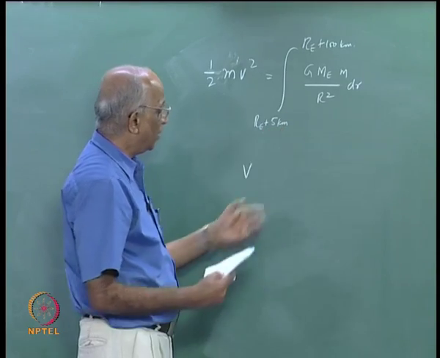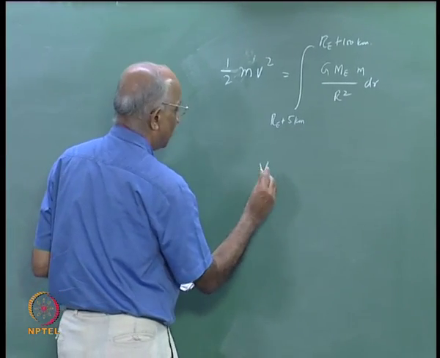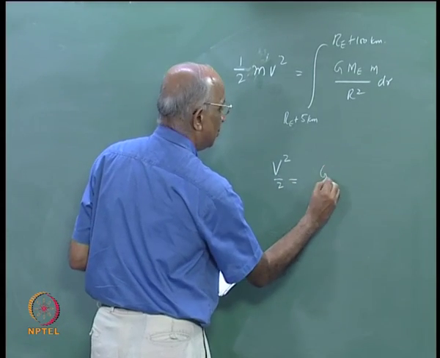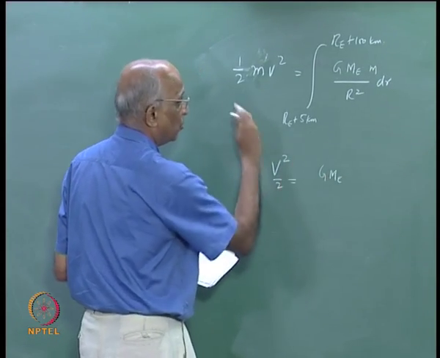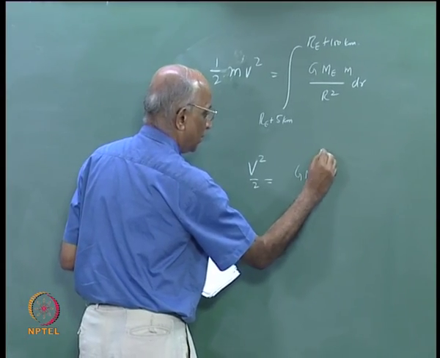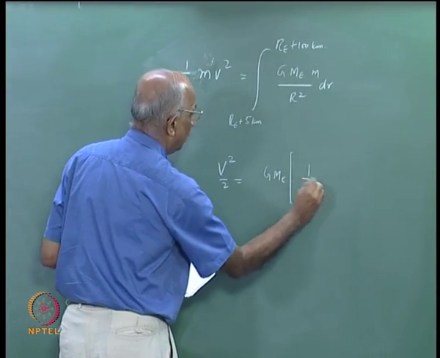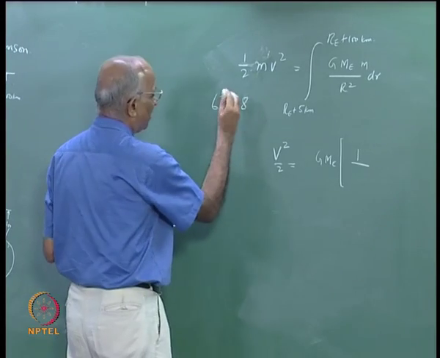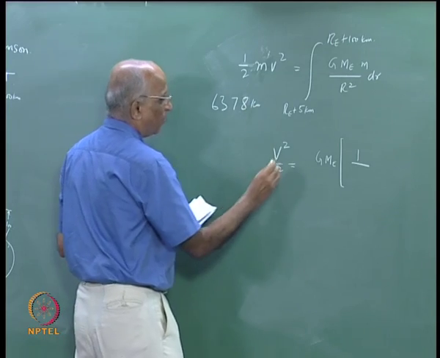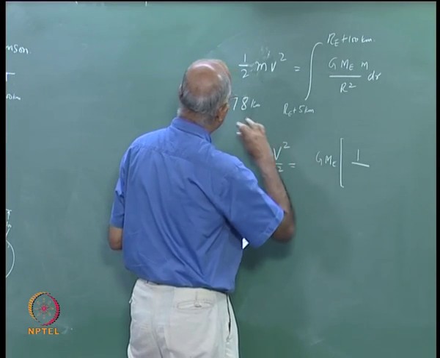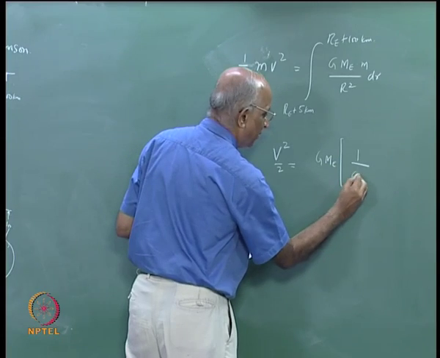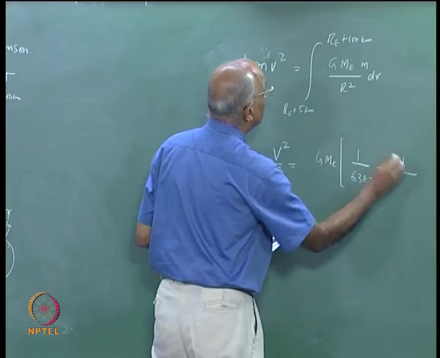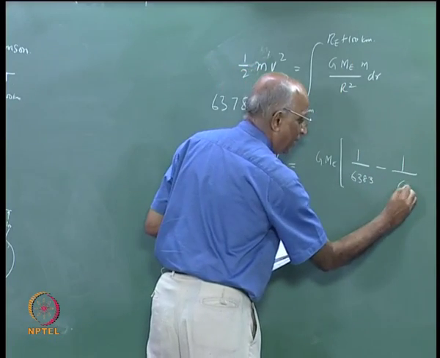Therefore v square by 2 is equal to G Me times 1 over the radius of the earth, we just take this value in kilometers, RE plus 5 kilometers is 6383, minus 1 over 100, that is 6483.